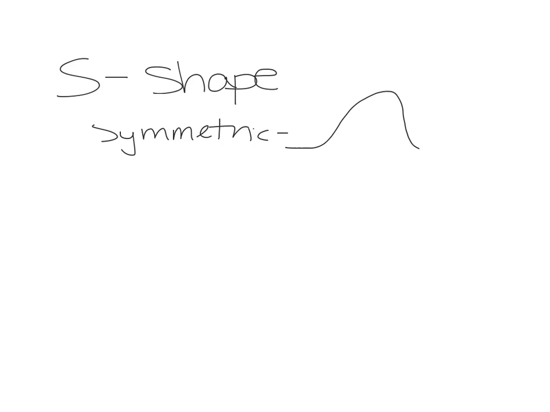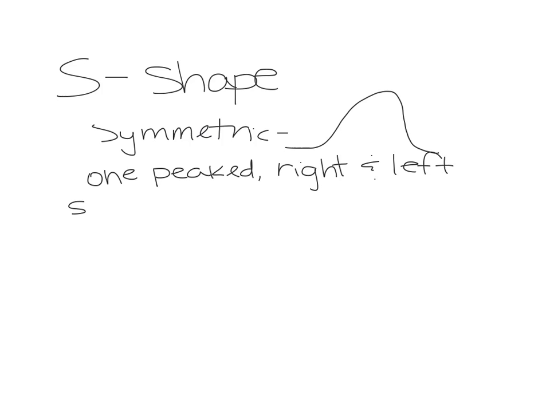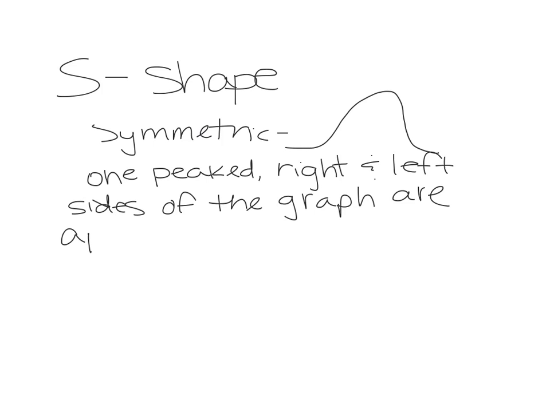Which kind of is that bell curve. You have to be careful when you identify this because symmetric itself is not enough. So you basically need to say one peaked, and the right and left sides of the graph are approximately, so get really familiar with this word because you never use the word exactly in stats.